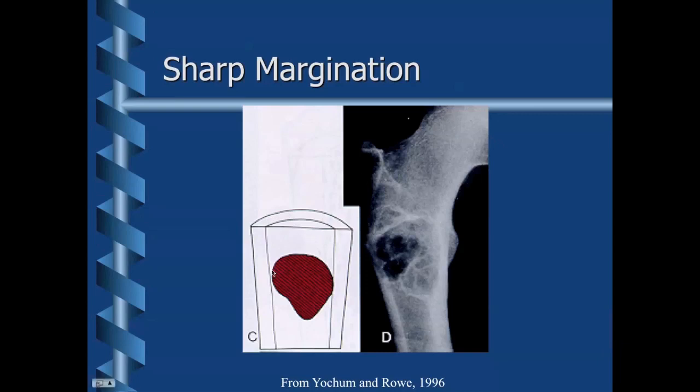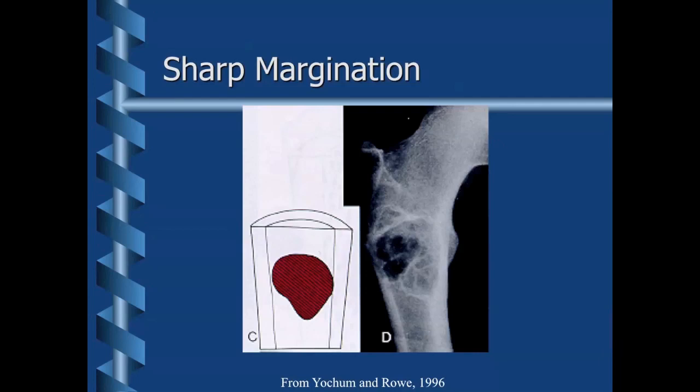But if we look at the lesion now, and we look at the hatching, or the cross strokes on that, we can see that there is basically either the lesion or there's no lesion. So we have a clearly defined border. And if we look at this example again, we can see this clearly defined border to this lesion. It's just much easier to see the defined borders of it.